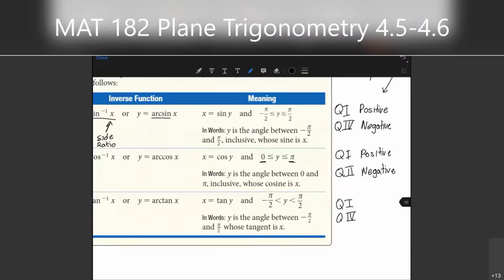And then tangent will be really similar to the sine function, so it has the same range. Positive results give an angle in the first quadrant, and negative ratios give another solution in the fourth quadrant.